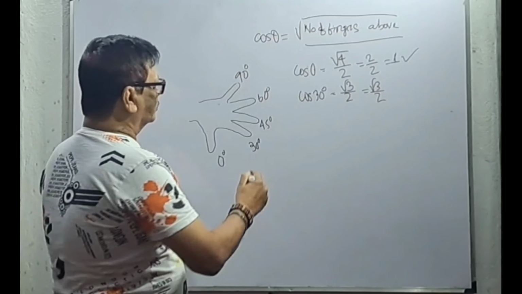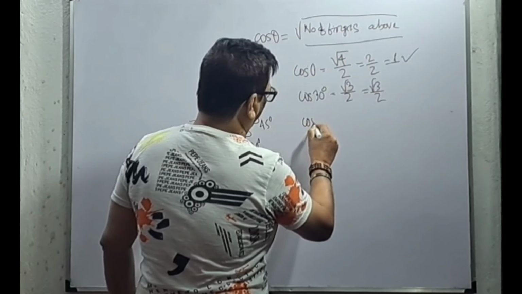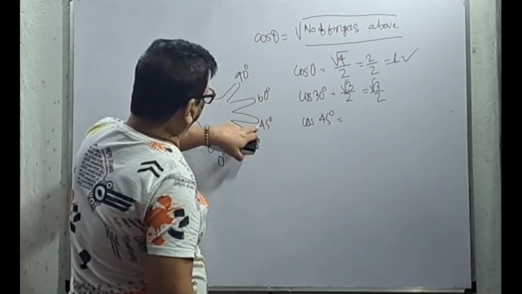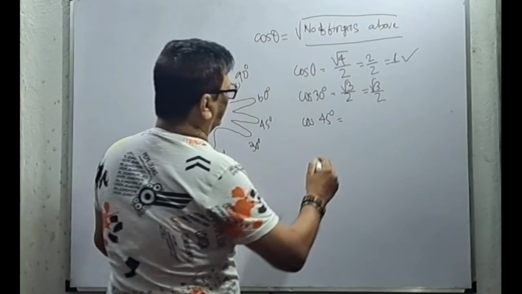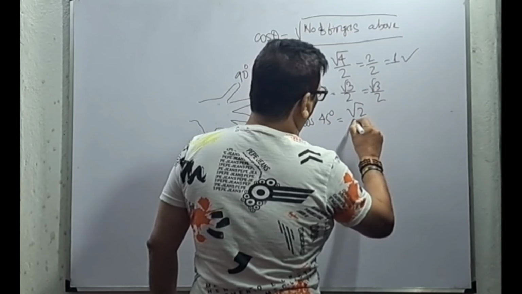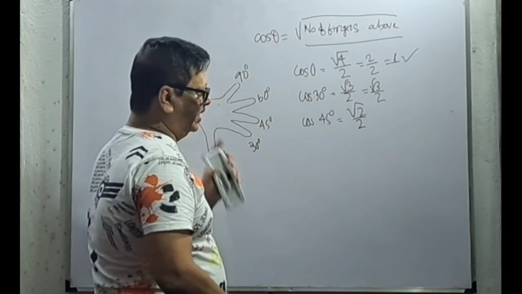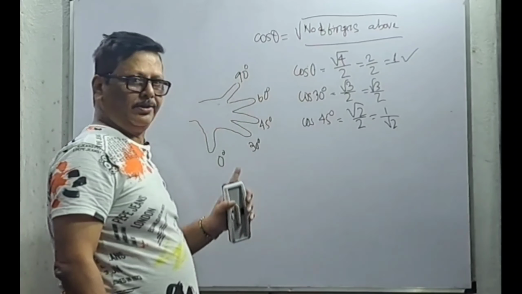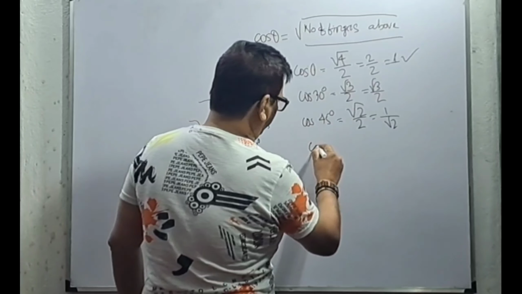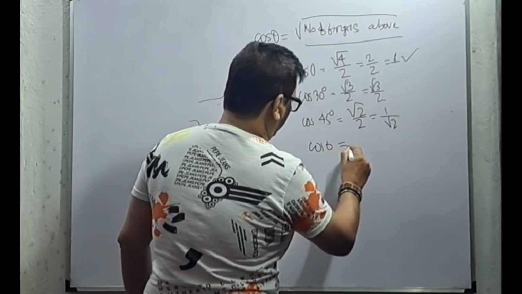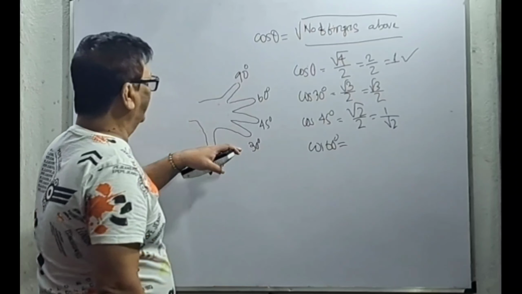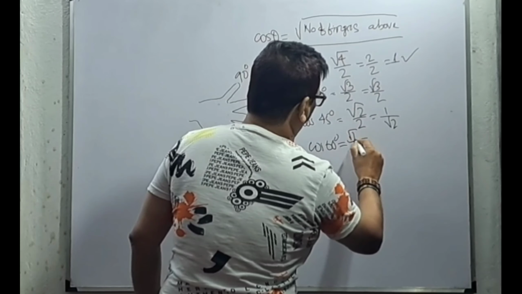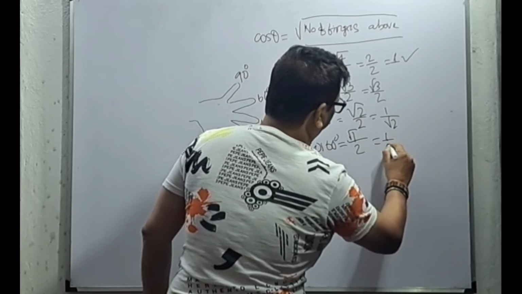So cos 45 degree: this is 45 degree, number of fingers above 1, 2. So root over 2 by 2, which I explained is the same as 1 by root 2. Then cos 60 degree is the number of fingers above, 1, divided by 2, which is 1 by 2.